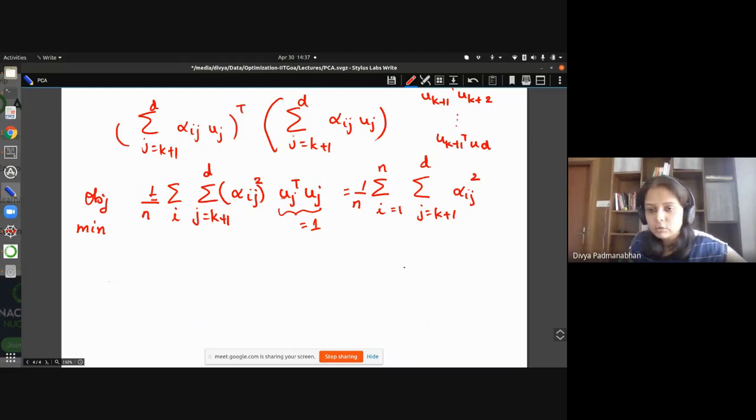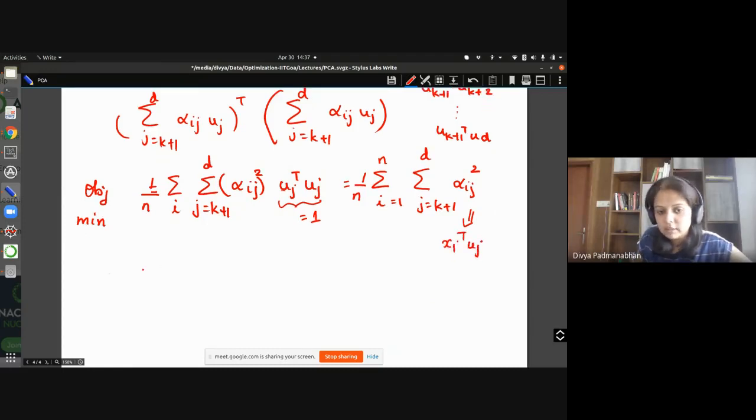Now again, as Siddharth pointed out, this alpha ij is just going to be xi transpose uj. So what I can write is minimize 1 by n summation i equals 1 to n, and summation j is k plus 1 to d, xi transpose uj and xi transpose uj, it's a square of that.